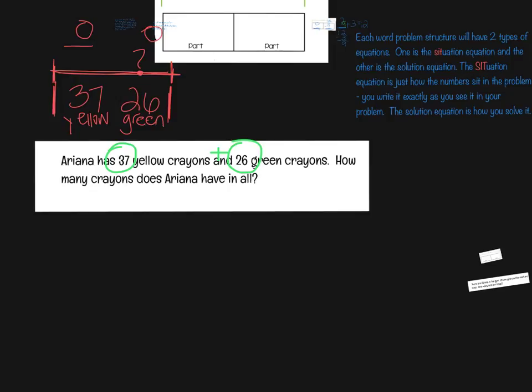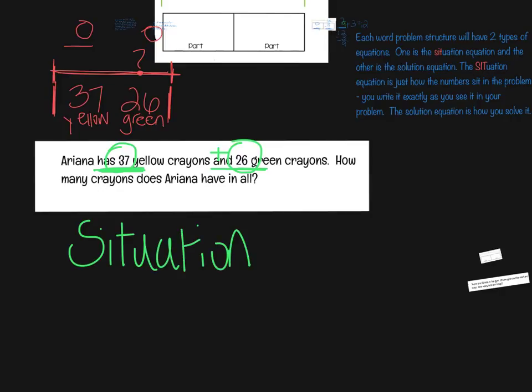Okay, so I have figured out my situation equation because I'm going to go exactly how the numbers sit. So my situation equation is going to be this. 37 plus 26 equals my question mark. Because that's exactly how the numbers sit. That is my situation equation.